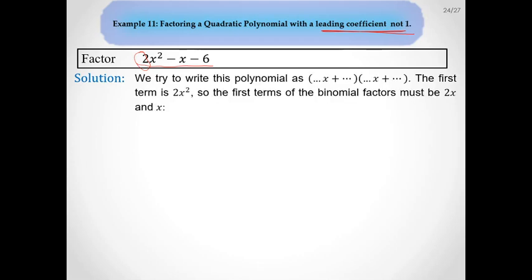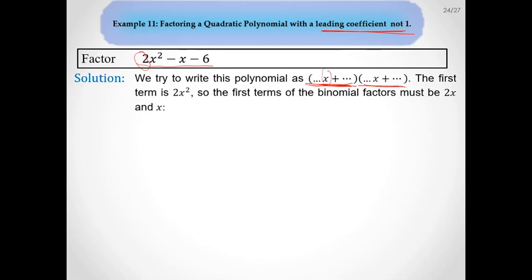Let's factor this polynomial. We cannot use the same method because we have 2 here. The leading coefficient is not 1. So let's try to see what we can do. The first thing we notice is that if we try to factor this polynomial, we will end up with a binomial times another binomial, each of degree 1.